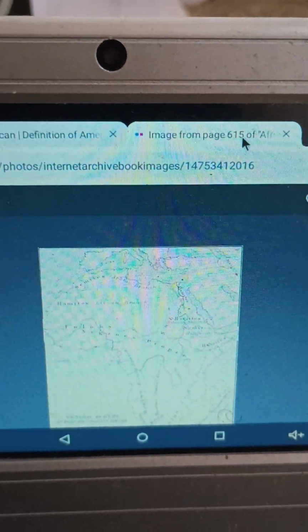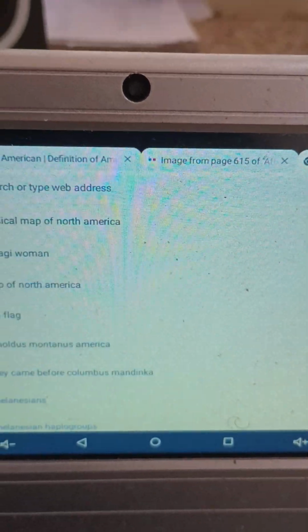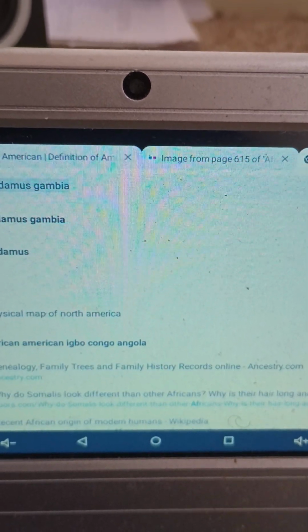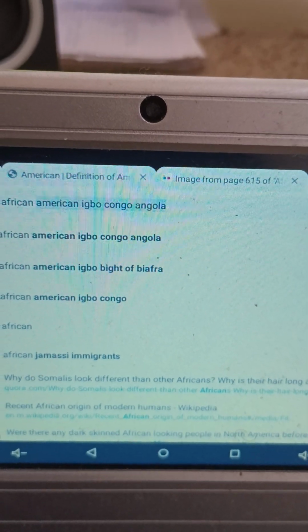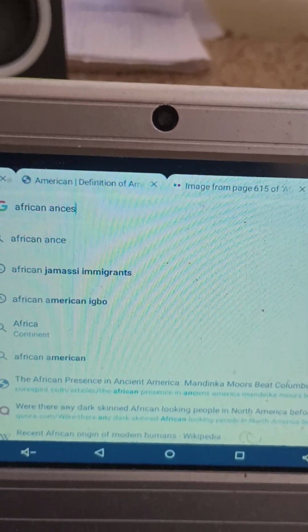Then we can go with, let's go over here to African ancestry.